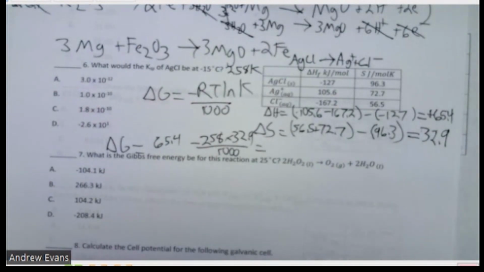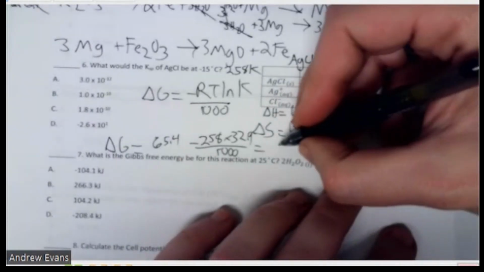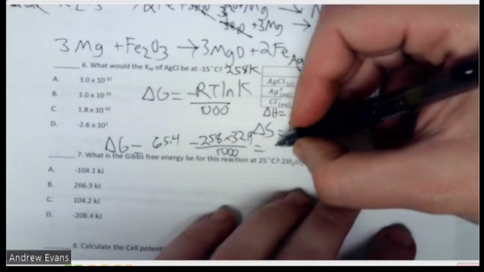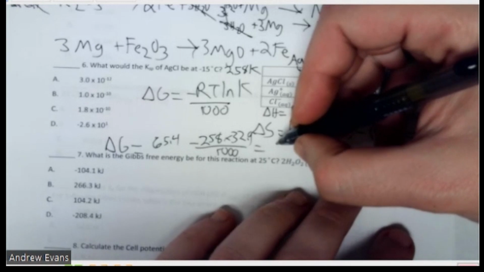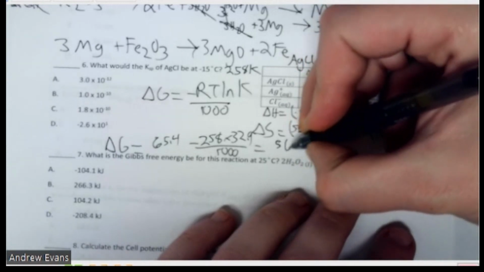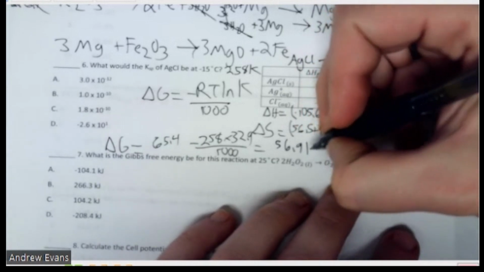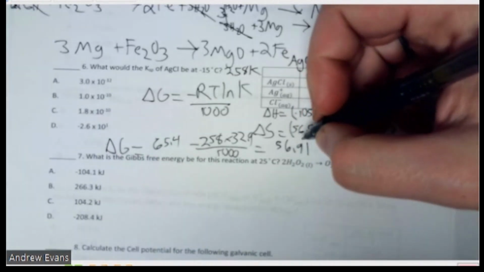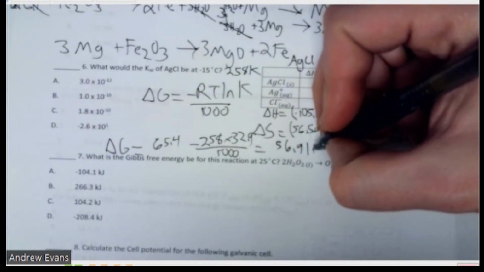It's 258 times. So we get delta G is something like 56.91 kilojoules.